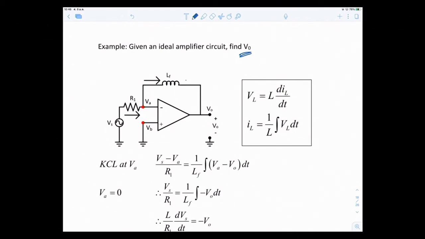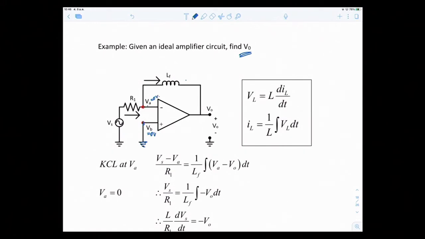So use nodal analysis. This is VB, ideal op-amp. We still stick to ideal op-amp. The rule for ideal op-amp is that the voltages at the two input legs are equal. This VB is equal to 0 volts because it's connected to ground. So this means VA is also equal to 0 volts.